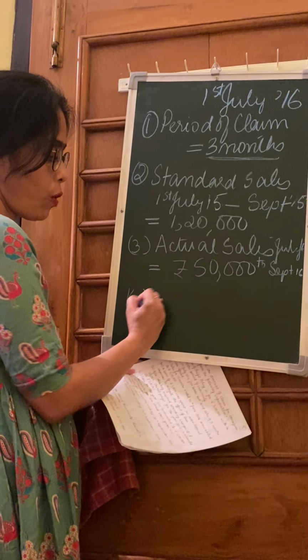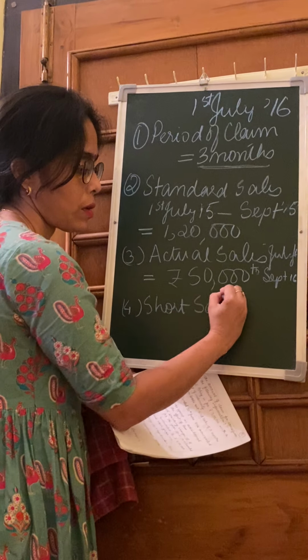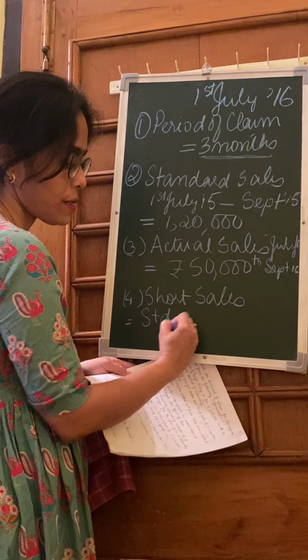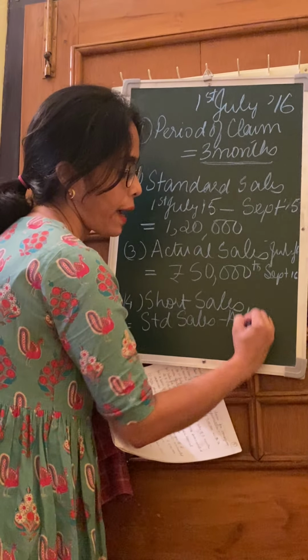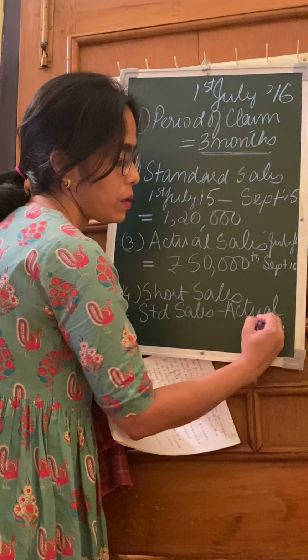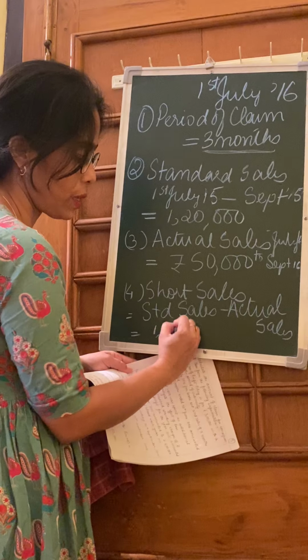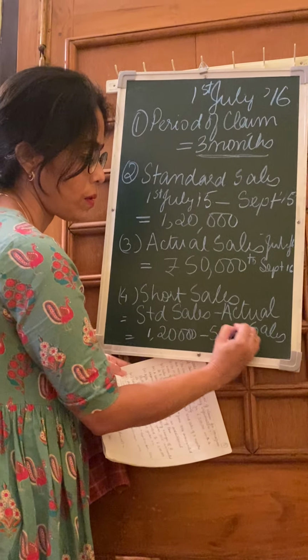So number 4 which we have to find out is short sales, which is equal to standard sales minus actual sales. So we have 1,20,000 minus 50,000.